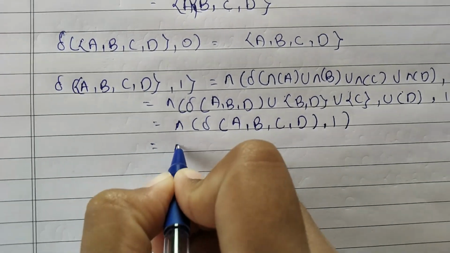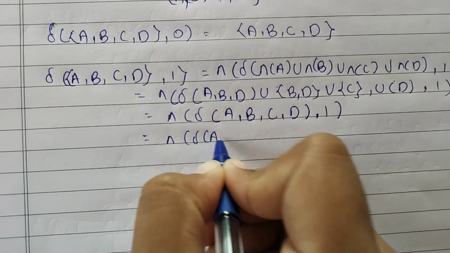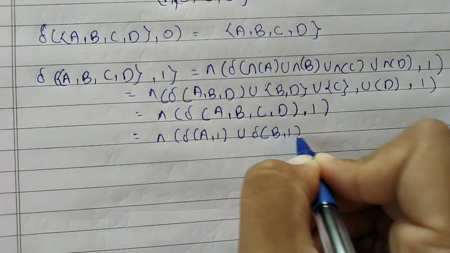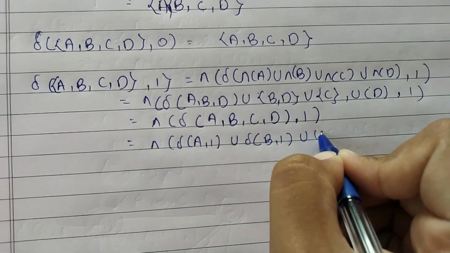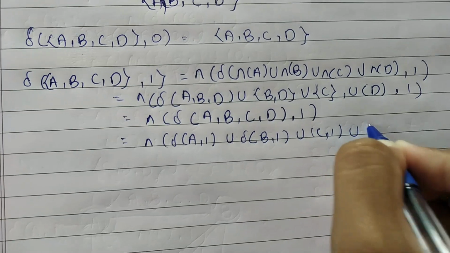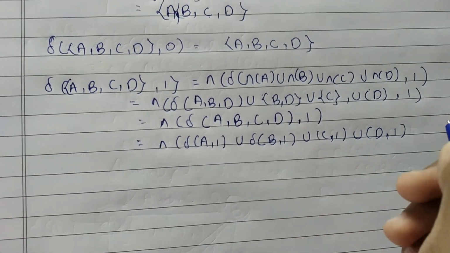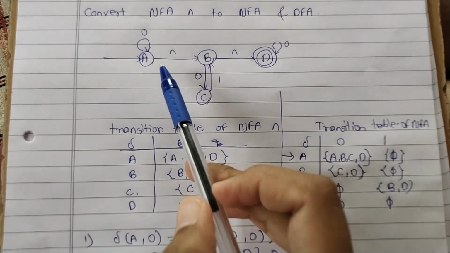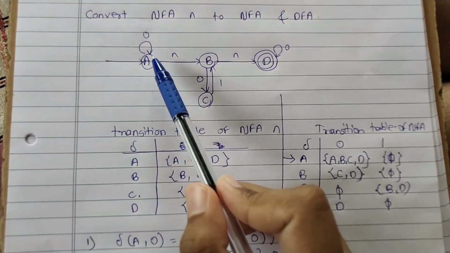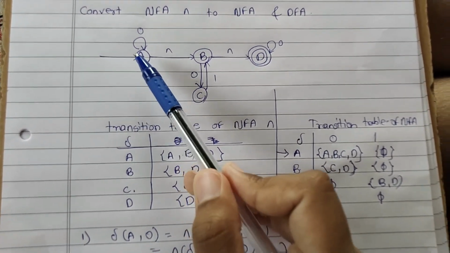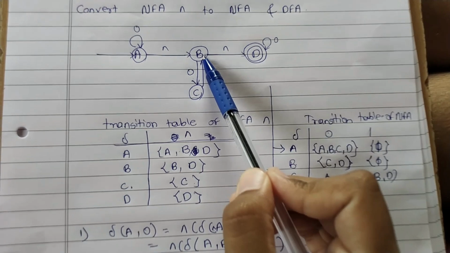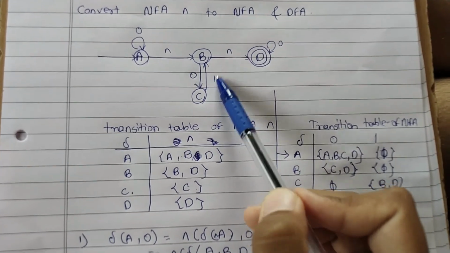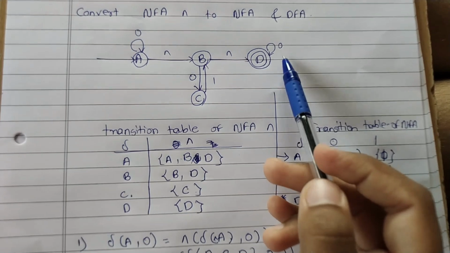Now step by step, null of delta A comma 1 union delta B comma 1 union delta C comma 1 union delta D comma 1. A reading 1 is null, we do not read anywhere. B comma 1 is also null, C comma 1 is B, and D comma 1 is null.